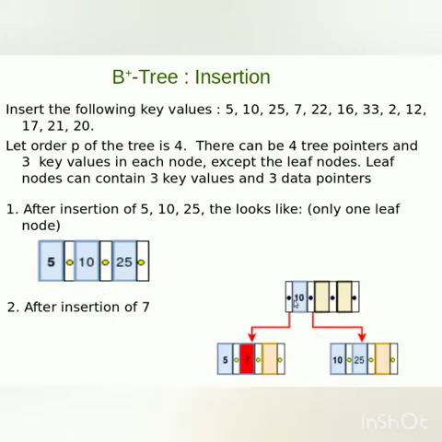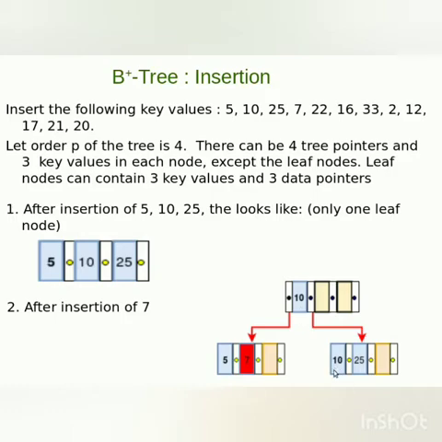The root node has 4 tree pointers, and the first, left tree pointer of the key value points to this node having 5 and 7. 7 is a newly inserted value, that is why it is shown in red. On the right side are 10 and 25, and you see here 10 is repeated. If it was a B tree, this repetition would not have been there.